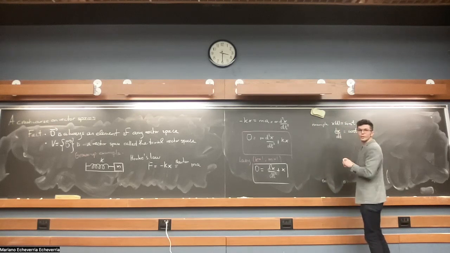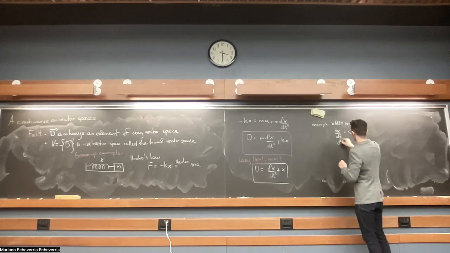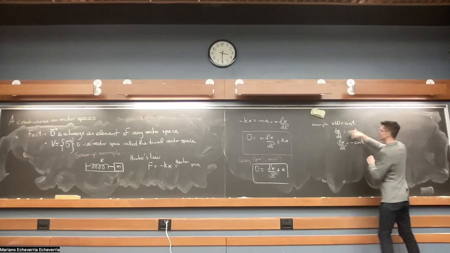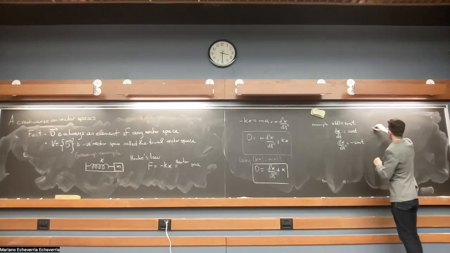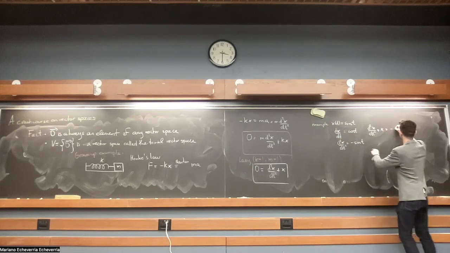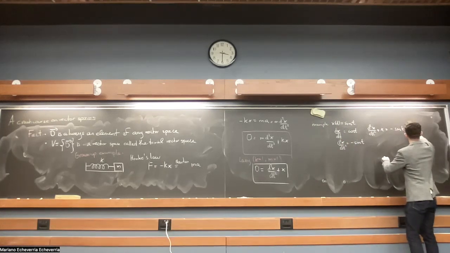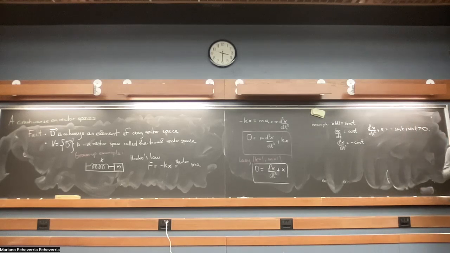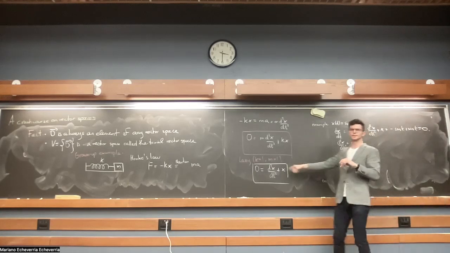And if you take another derivative, the derivative of cosine is minus sine. So when you add them together, the second derivative plus x gives you minus sine of t plus sine of t, which is just 0. Does that make sense? That means that the function sine solves this equation.